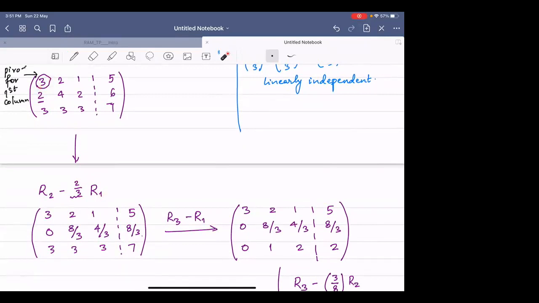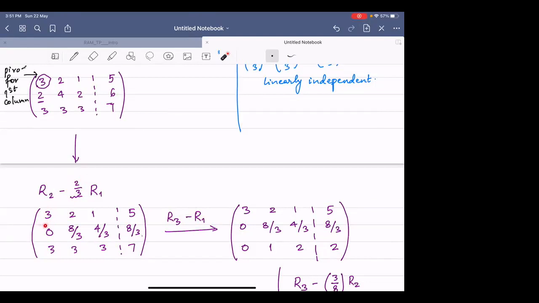Then when you wanted to make this 0, what you actually did is R3 minus R1, but you can also view this as R3 minus 3/3 R1. 3/3 means 1. If you want to view everything in the same way, you can view this as R3 minus 3/3 R1.